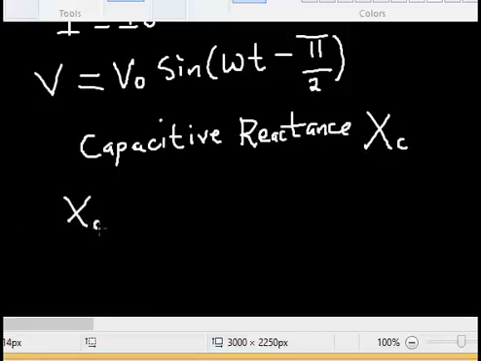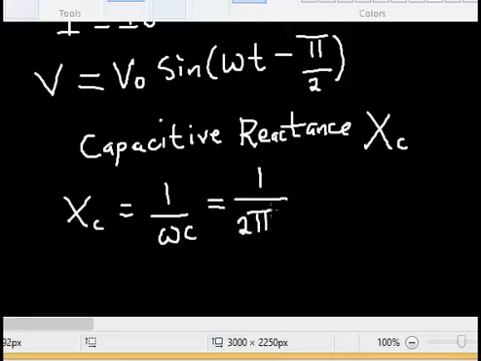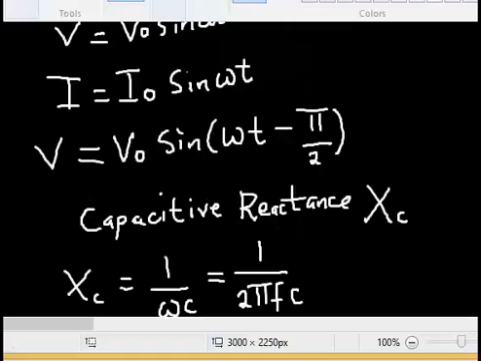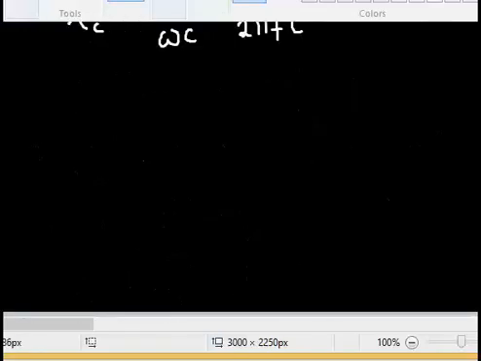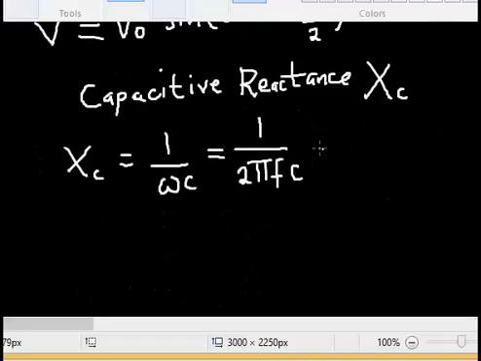The capacitive reactance XC is given this time around as 1 all over omega C. We know that omega is 2 pi f, so capacitive reactance is equal to 1 all over 2 pi fC. Please take note of that. Inductive reactance is 2 pi fL, while capacitive reactance is 1 all over 2 pi fC.